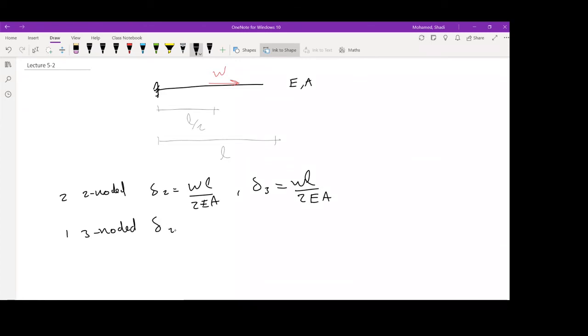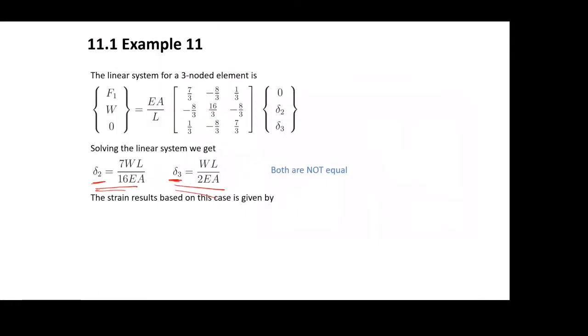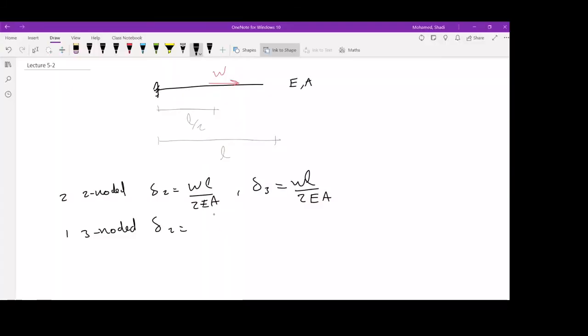We have delta 2 equal to, just going to copy the answers from here, 7/16 WL/EA, and then delta 3 is equal to WL/2EA.